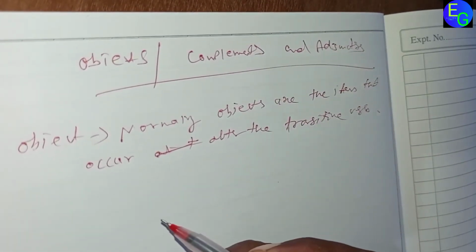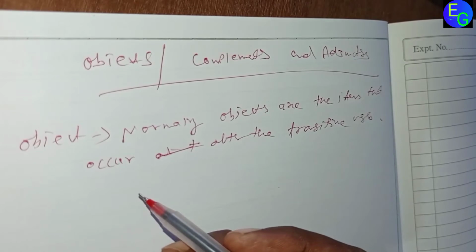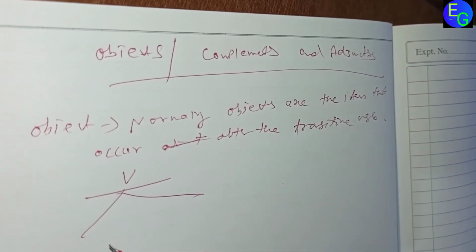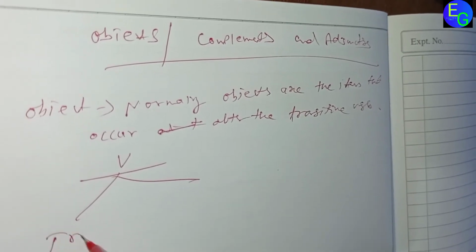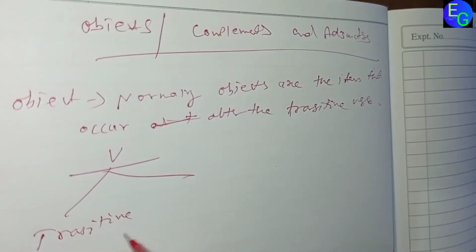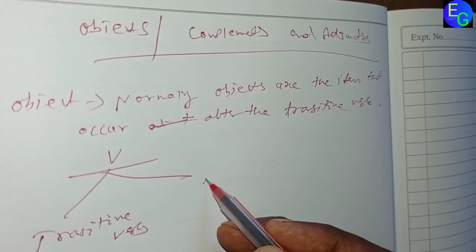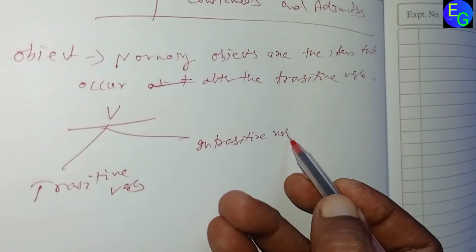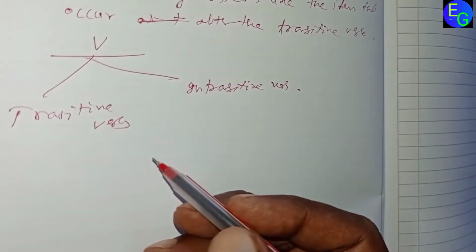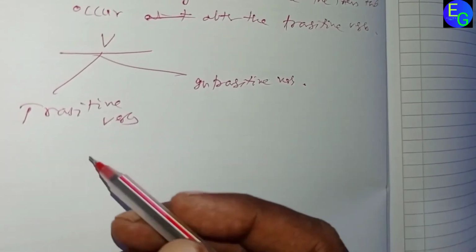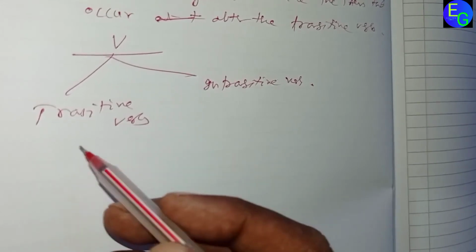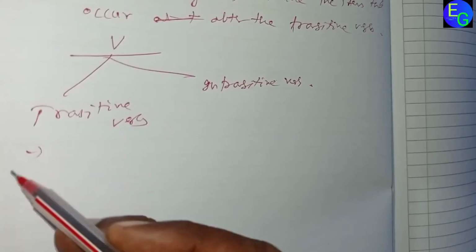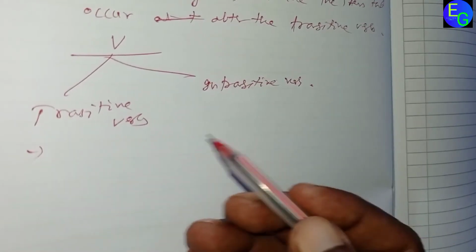In this way we have to know verbs are of two types. Remember, one is transitive verb, another is intransitive verb. So by knowing these two types of verbs, let us give an example.